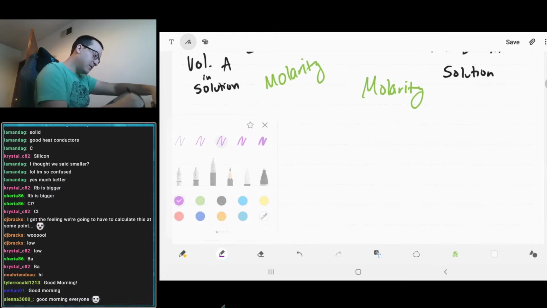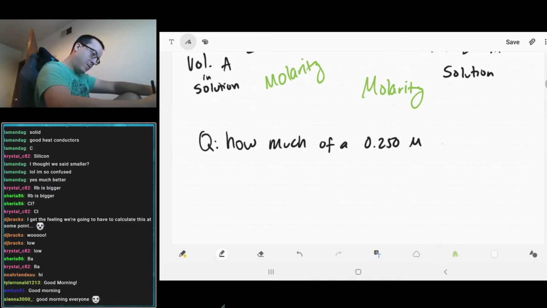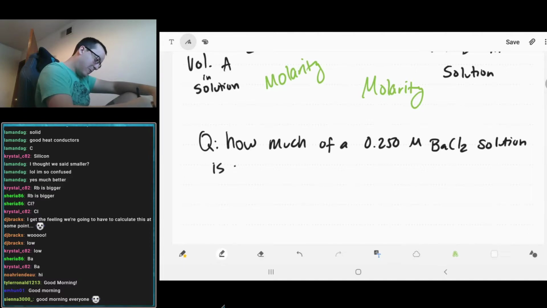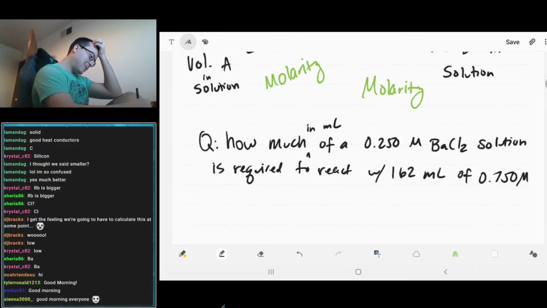So here's a question. How many milliliters of barium chloride solution is required to react with 162 milliliters of 0.750 molar sodium chloride solution.